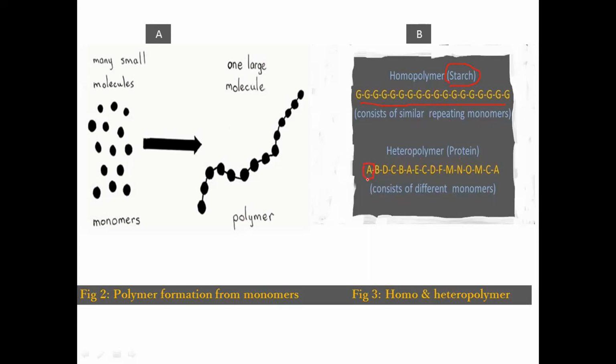These individual alphabets are individual amino acids, and we can see that all these amino acids are different from one another. So it is the example of a heteropolymer.